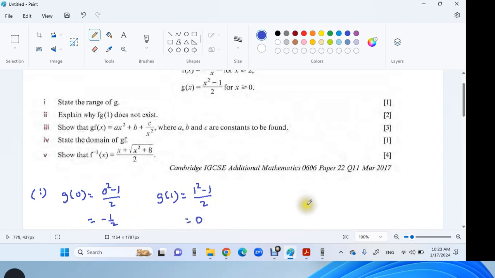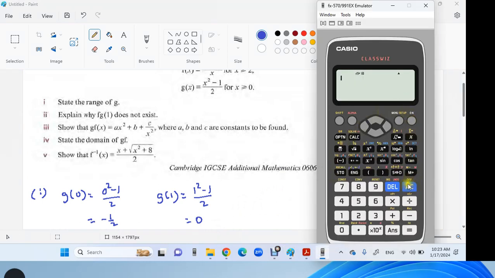Then it is 0. If I continue the substitution, or I use the table in the calculator, with the function x squared minus 1 over 2, starting from 0 until 5, you can see that the smallest value is negative 1 over 2.